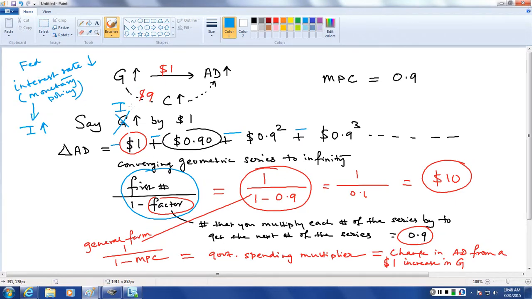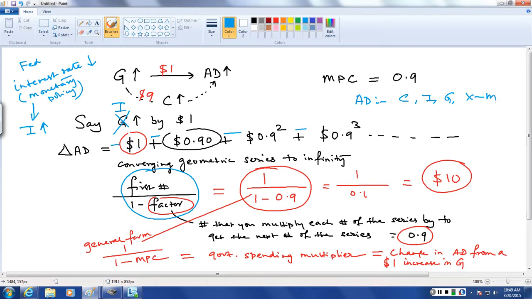So businesses spend an extra dollar on new machines. Well, that dollar is a part of AD because investment spending is a component of AD. Am I right? AD consists of C, I, G, and X minus M, right? What the four shoppers spend.